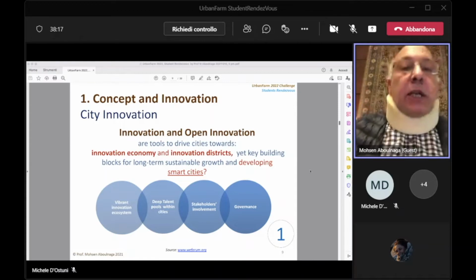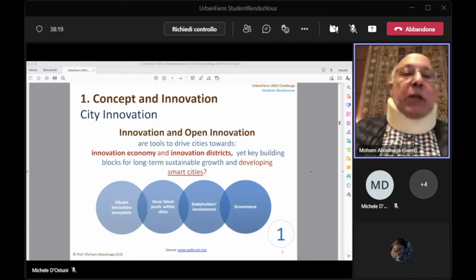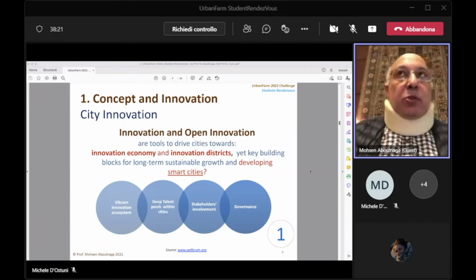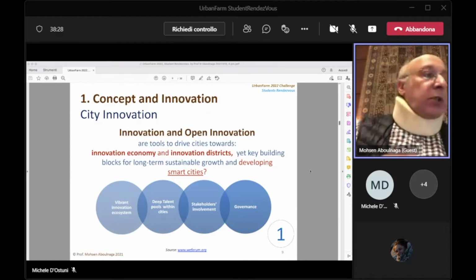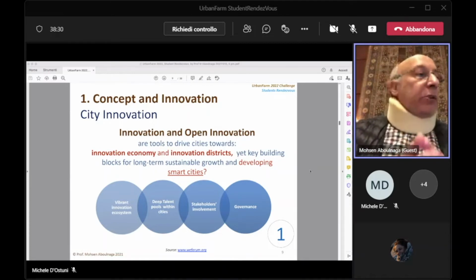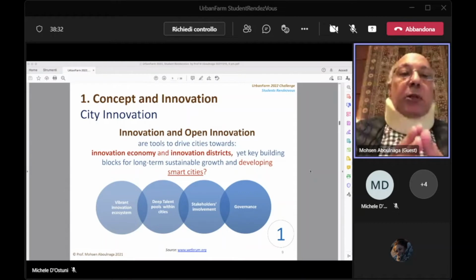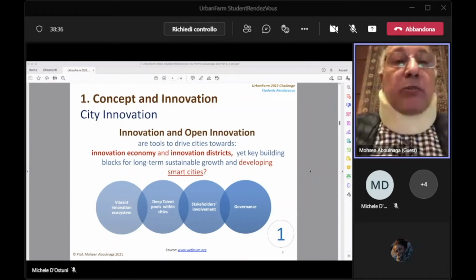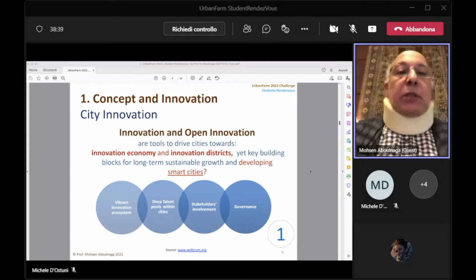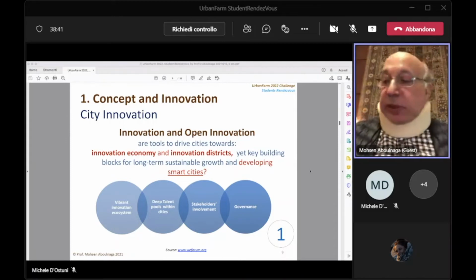You look at, for example, institutions. I remember in 2019, some of the students went to the college and integrated them into the design and they learned from it. So you need to look at the deep talent within your cities, how you can involve them. And that's not limited to deep talent, but also to stakeholders' involvement. And of course, you need to look at governance to achieve that.